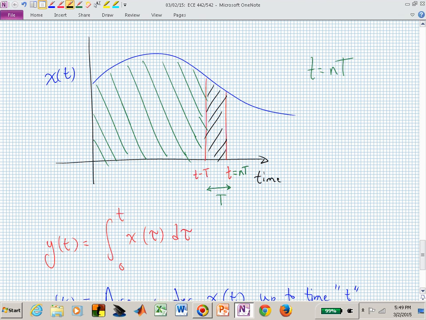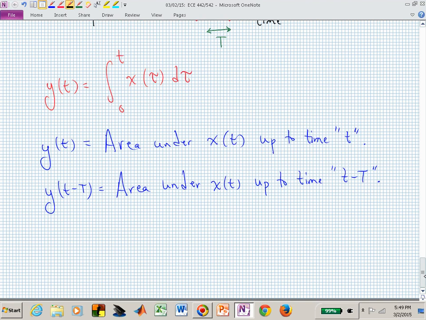That's the picture that we want. And we can actually write that in terms of these two different definitions. We can now say y of t is equal to y of t minus capital T plus the integral from little t minus capital T up to t, x of tau d tau.